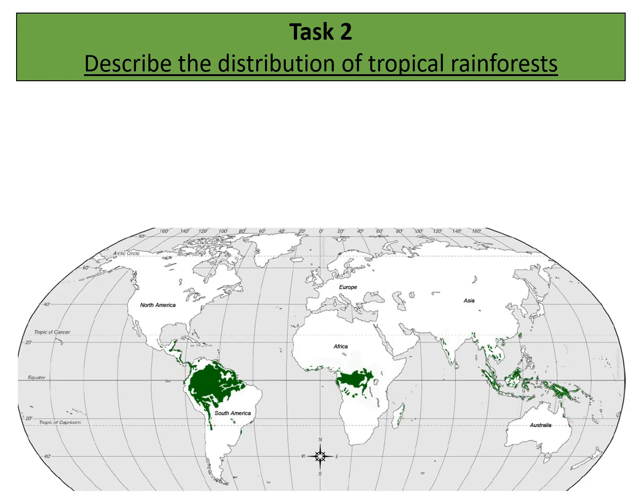Task 2 then, we need to describe the distribution of tropical rainforests. So we're saying where they are. And when we're doing this, we should try to use TEA. So the T is the trend, the E is the evidence, and the A is the anomaly if there is one.